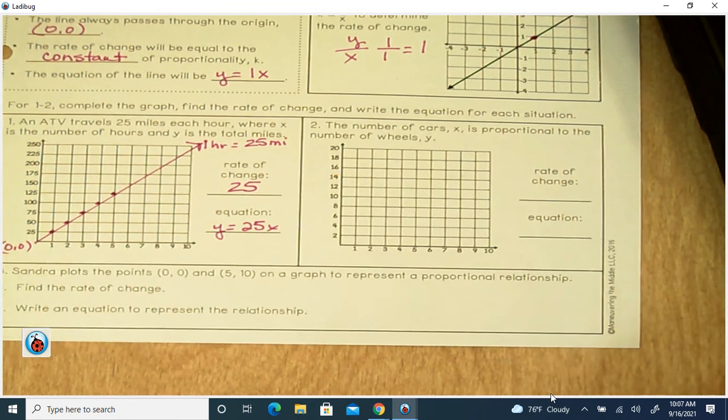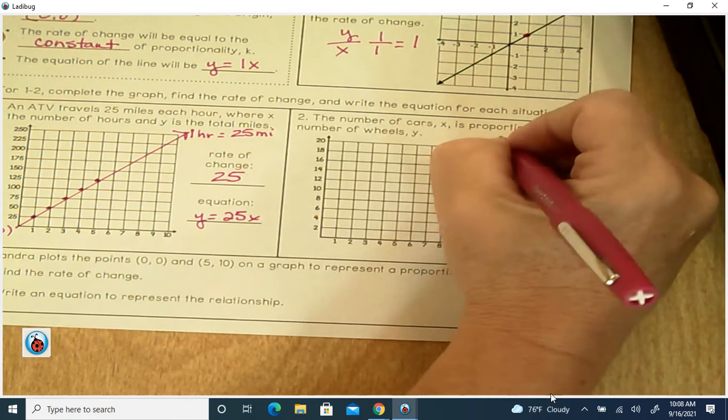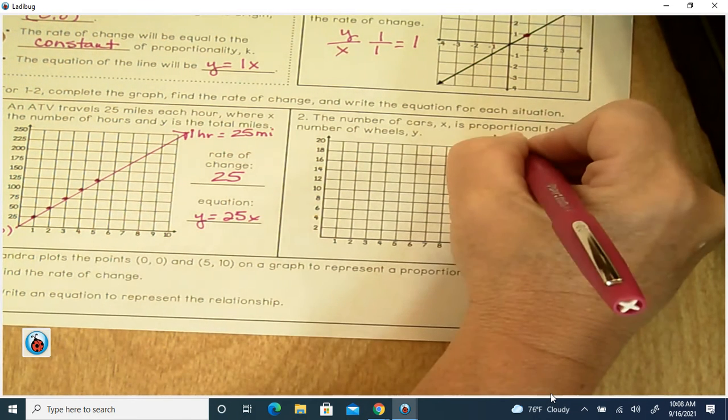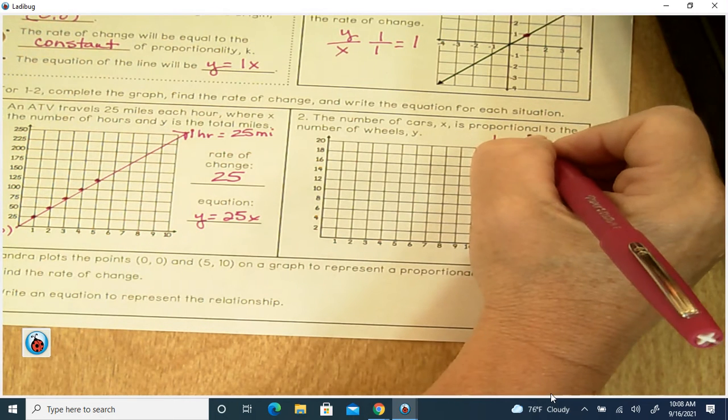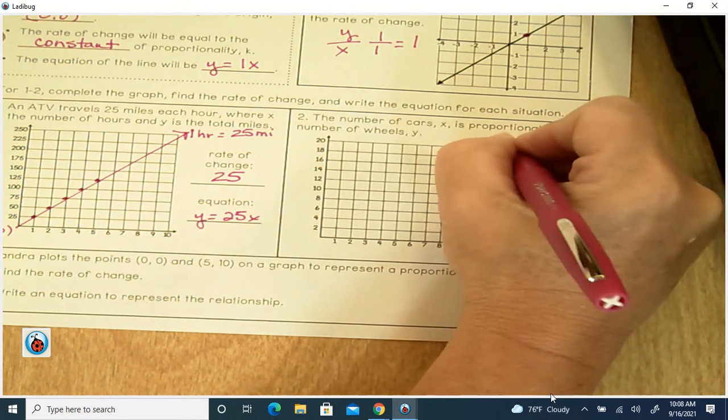The number of cars x is proportional to the number of wheels y. How would we do that? Start with 1. Exactly. And how many wheels you got with 1 car? 4. Very good.